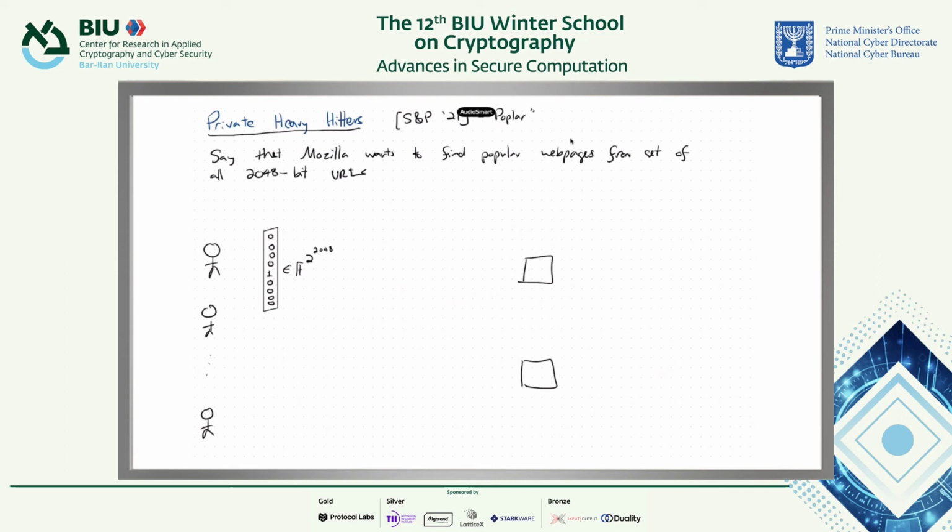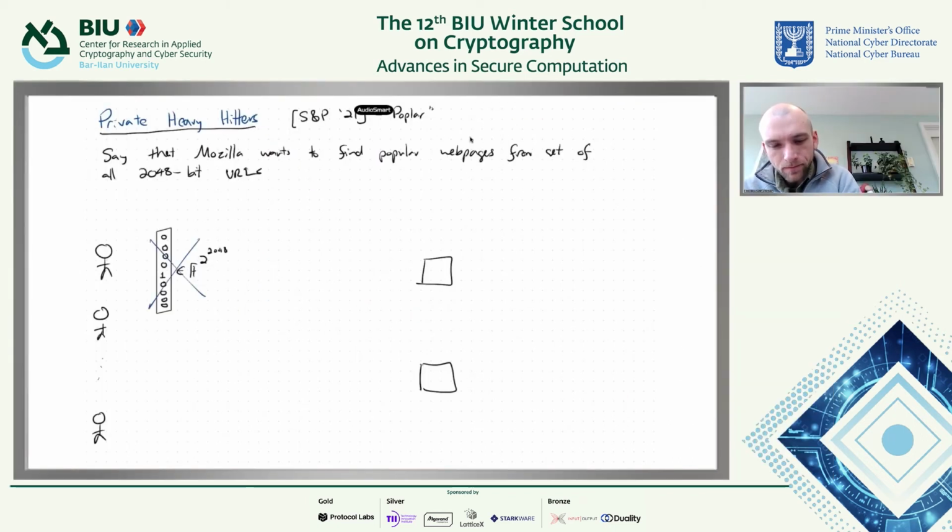What we're going to do instead is the following. We're going to have the clients prepare kind of a tree, where the depth of this tree is n. So this is, say, all the n-bit URLs.